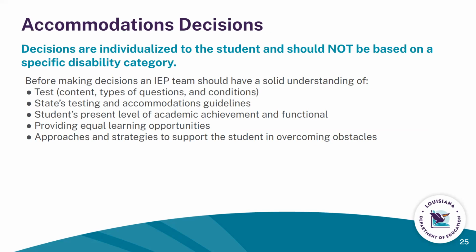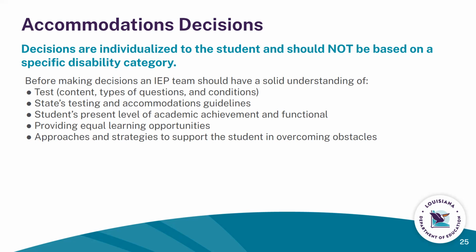Repeating this powerful caution again, decisions are individualized to the student and should not be based on a specific disability category. Before making decisions, an IEP team should have a solid understanding of the test and what the test content, types of questions, and conditions of the test are.